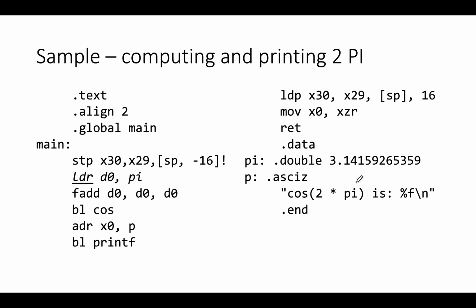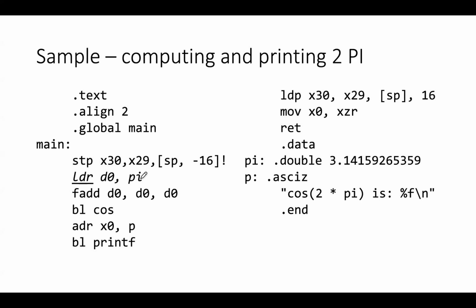So there's my example of how you or I would do it. In the data section, an assembler directive .double, and then here's the value. Now, here's something interesting. I underlined it. It's an LDR of the label.